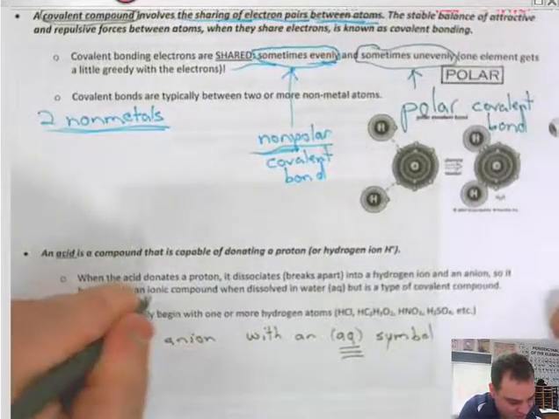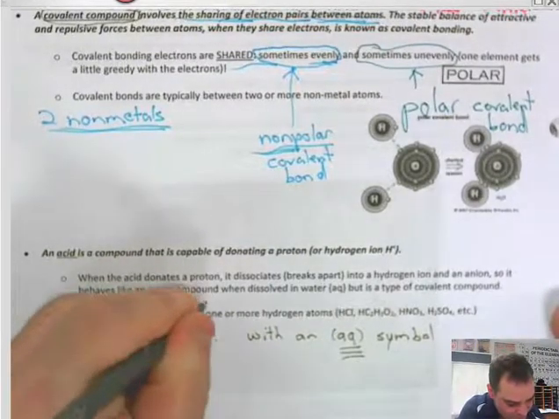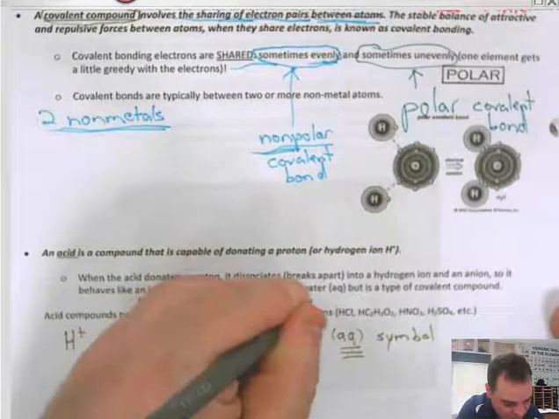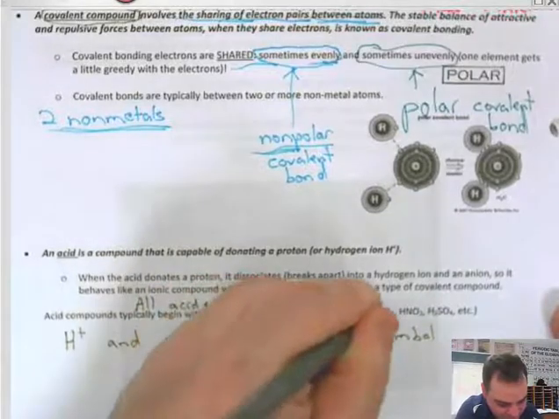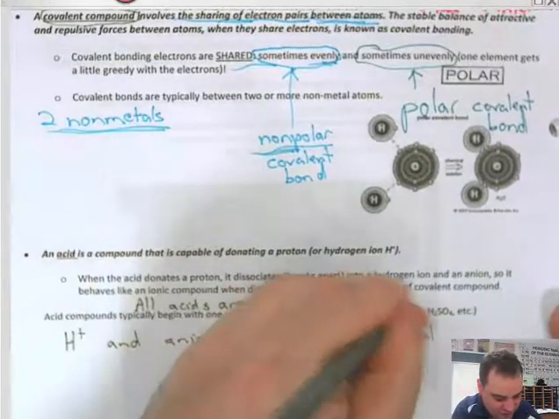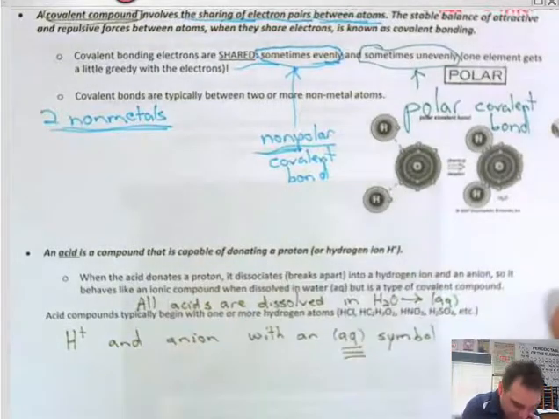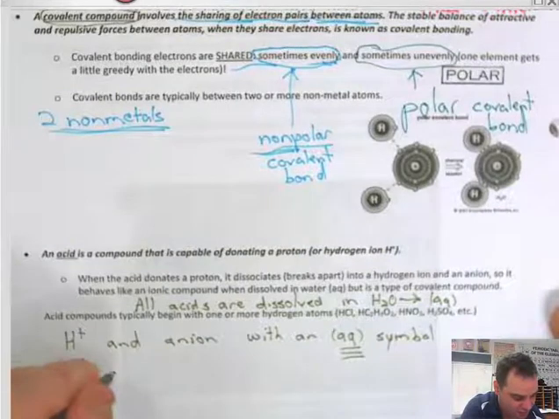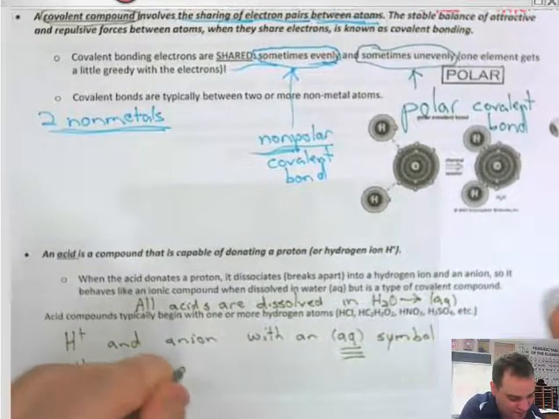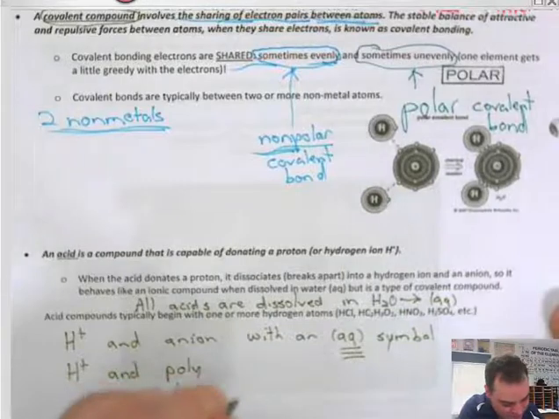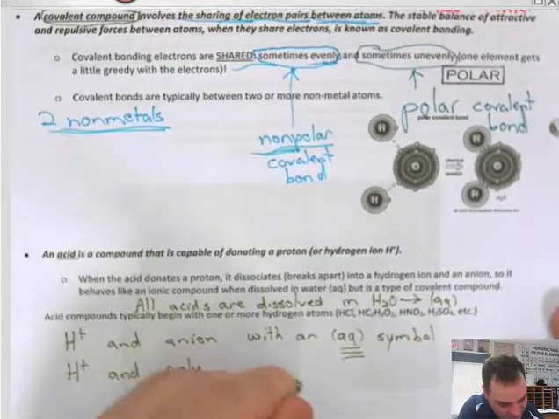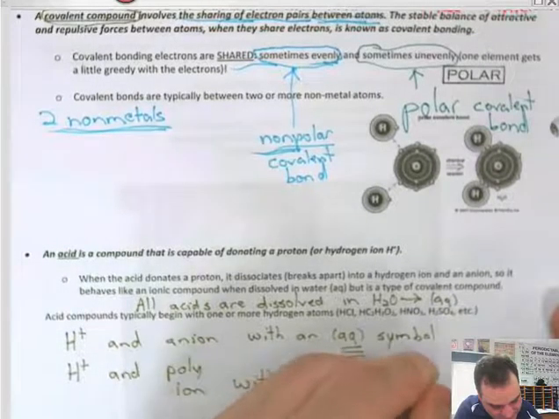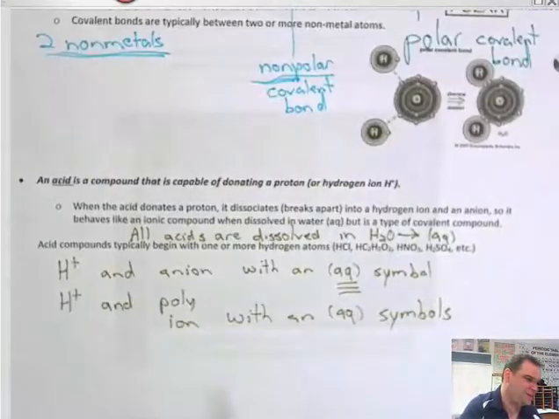All acids are dissolved in water, if this is a true acid. Your anions can also be a negative polyatomic ion with H plus and an AQ symbol, and that is also an acid.